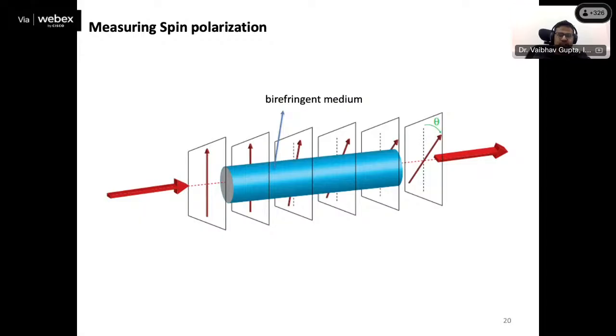Because of that, you create the birefringent property, and if two components move slow in one direction and fast in the other, in the end you will see some sort of phase delay, and because of that phase delay you can have some sort of rotation. So that is the reason rubidium atoms act as a birefringent medium and create this kind of rotation to a linearly polarized light.